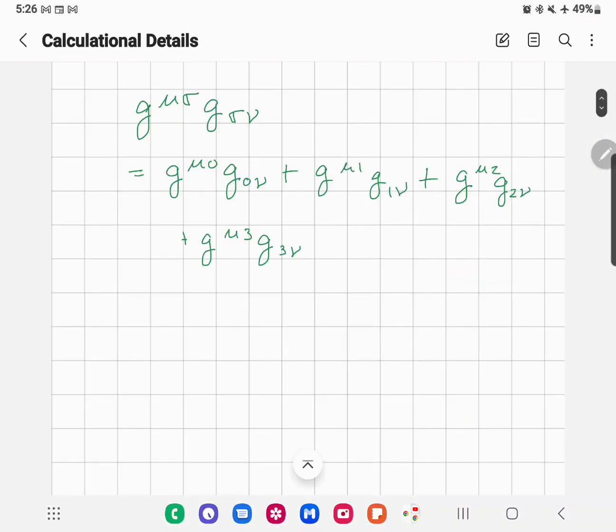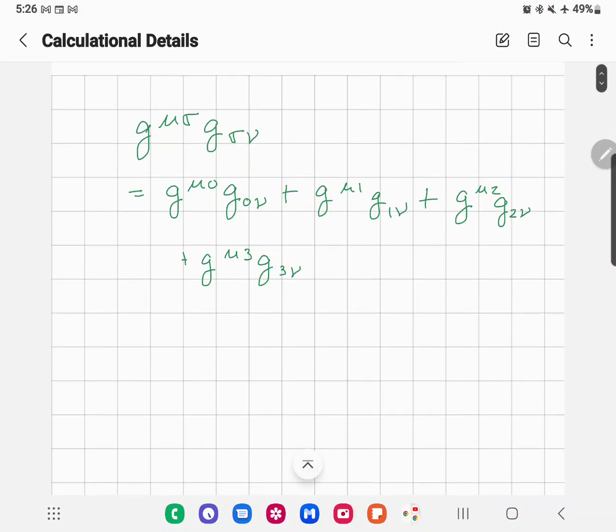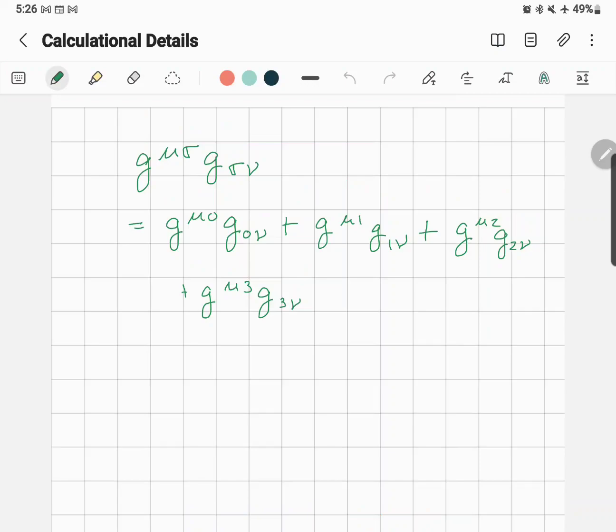So if you have x mu, say x mu would be this one, x0, negative x, negative y, negative z, for example.